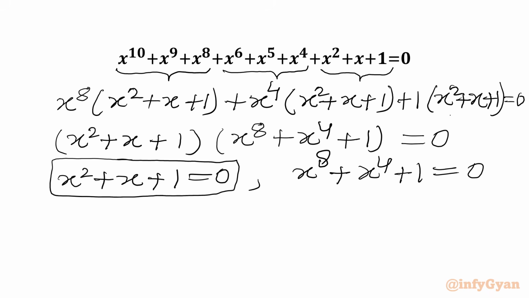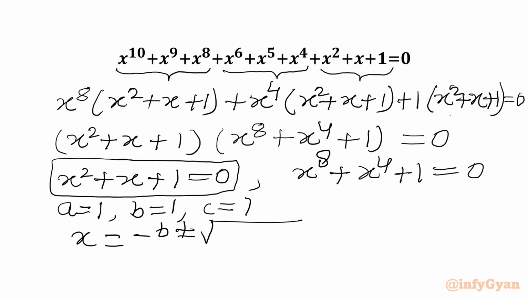Here I will be using the quadratic formula. If I compare with ax square plus bx plus c, then we can write a will be 1, b will be 1 and c will be 1. So we will write the formula: x equals minus b plus minus square root of b square minus 4ac over 2 times a.